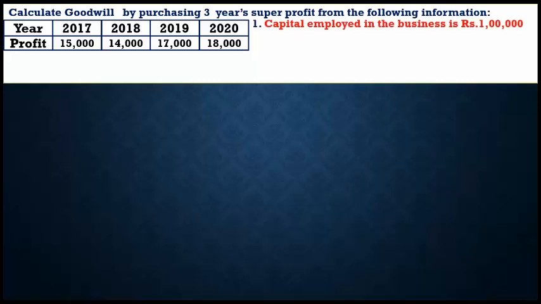Year 2019 profit 17,000. Year 2020 profit rupees 18,000. What is the first adjustment? Capital employed in the business is rupees 1 lakh. Normal rate of return expected in the business is 10%.